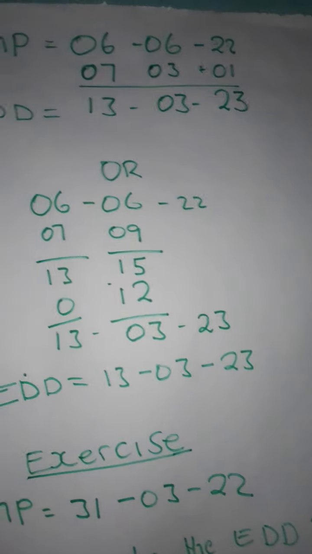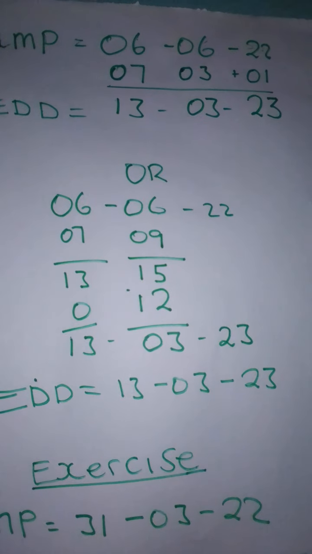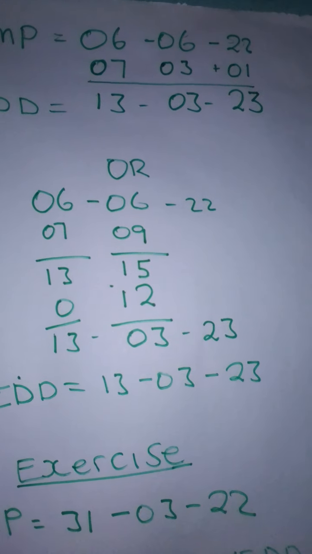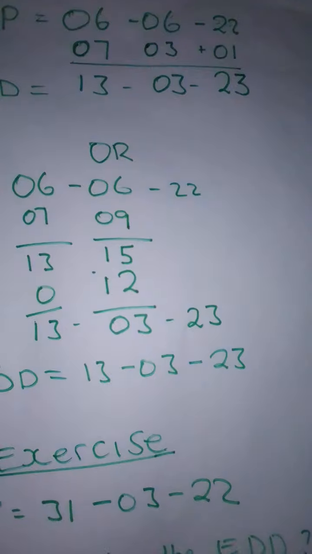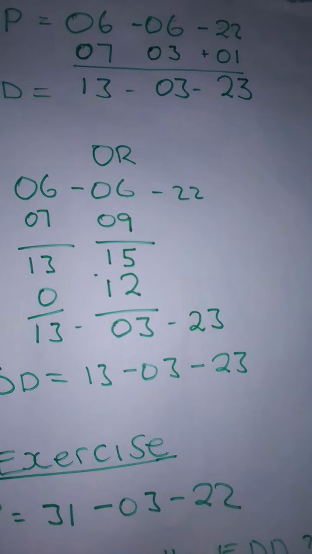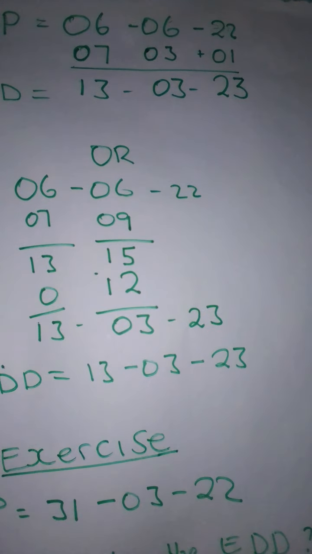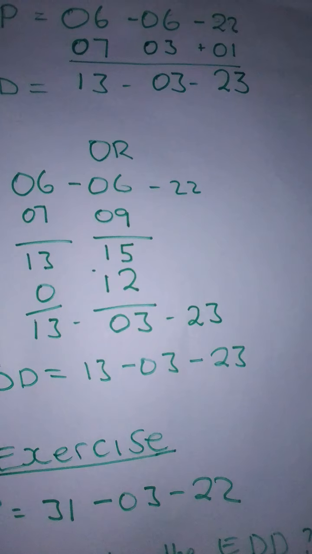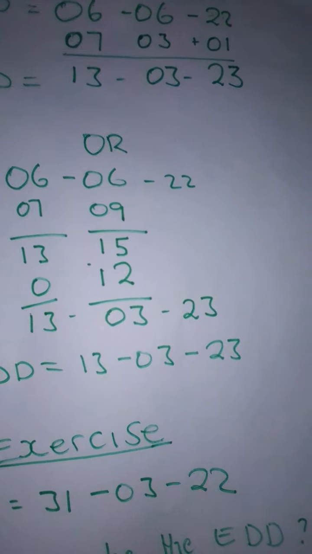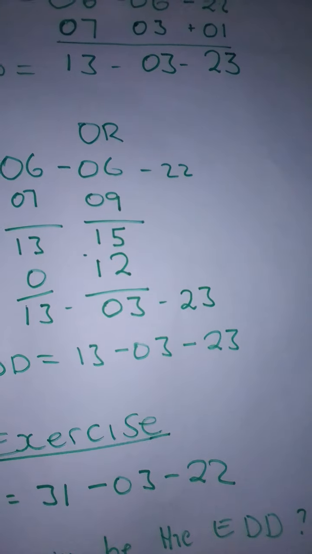The third example. This one has an LMP of 6 June 2022. Remember June is the 6th month of the year. So say 6 plus 7 days. We are going to add 7 to the days. Then on the month we are going to subtract 3.